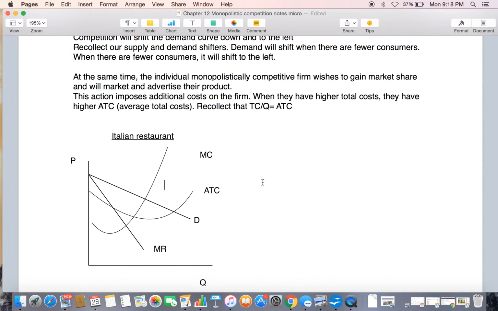So what we see happen is initially some Italian restaurant might be able to earn an economic profit in the short run. Now, where will this particular firm be choosing to produce? They will produce where their marginal revenues equal marginal costs, because at that quantity, they will maximize their profits.